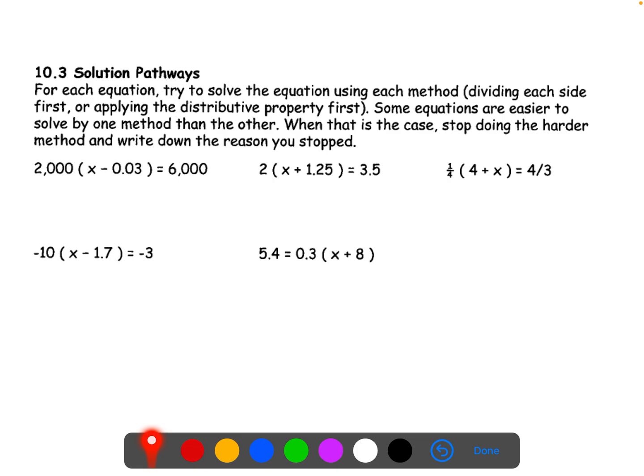What we're going to be looking at today is more of what's the better way to solve it to make it easier to solve, make less work for ourselves. So I think you'll get the idea of what I'm talking about here in just a minute. Now remember that we can solve equations that look like this in one of two ways.